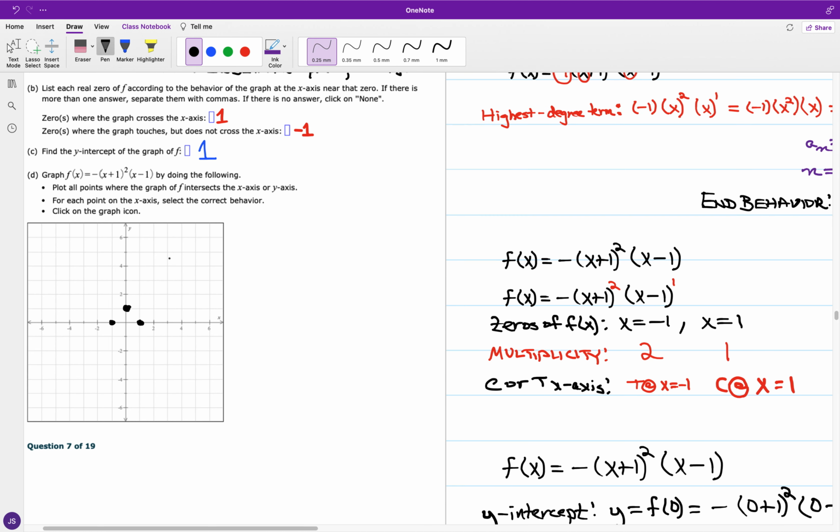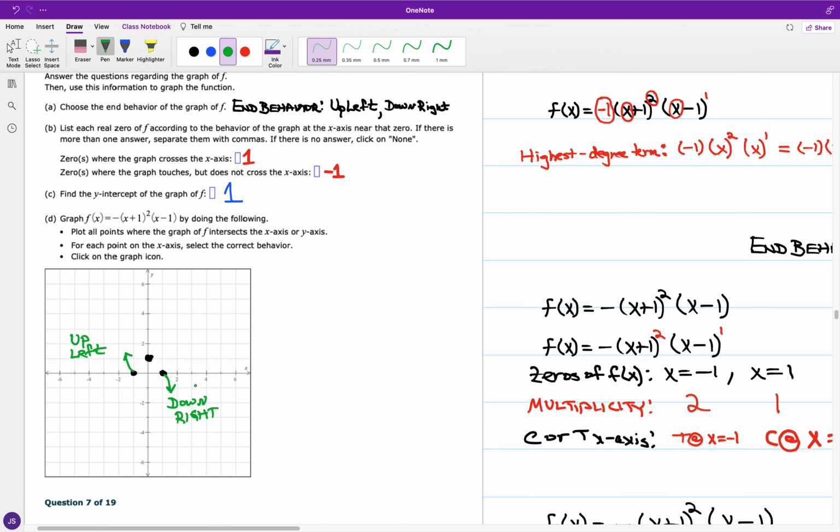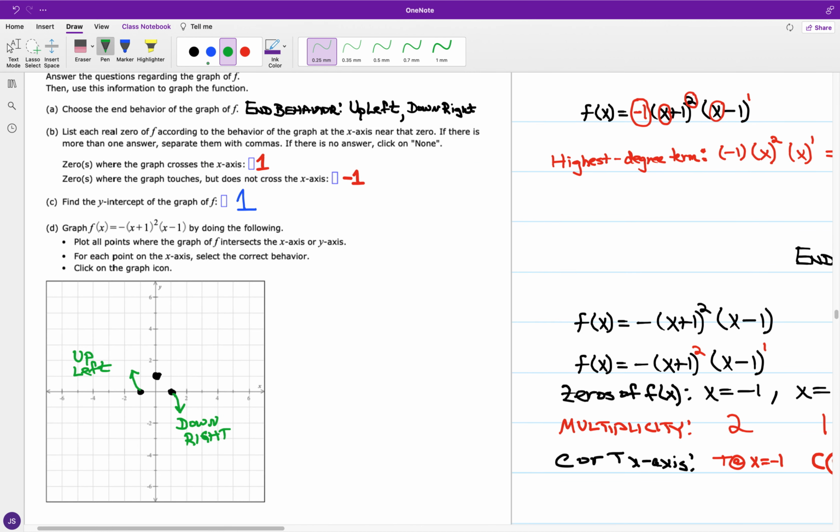I'm going to graph this according to scale. The graph crosses the x-axis at x equal to 1, but at -1, the graph is going to touch.